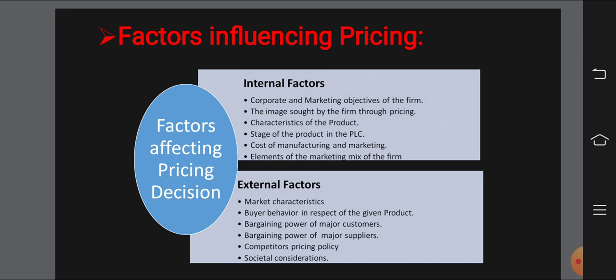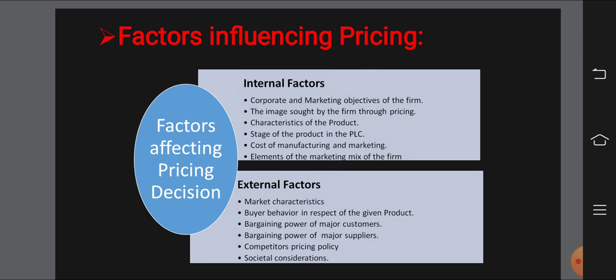Then competitors' pricing policies. If a competitor is providing the same product with very lesser prices, then that particular organization also, to keep in the race in that particular competition, has to keep the price somewhat in the range of their competitors only.